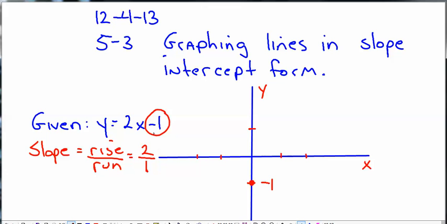Now, if the slope is positive, you run to the right. Okay? If the slope is negative, you run to the left. But you always rise. So watch, from this point we're going to rise 2 units. And we're going to run 1 to the right. And you're going to make another point.